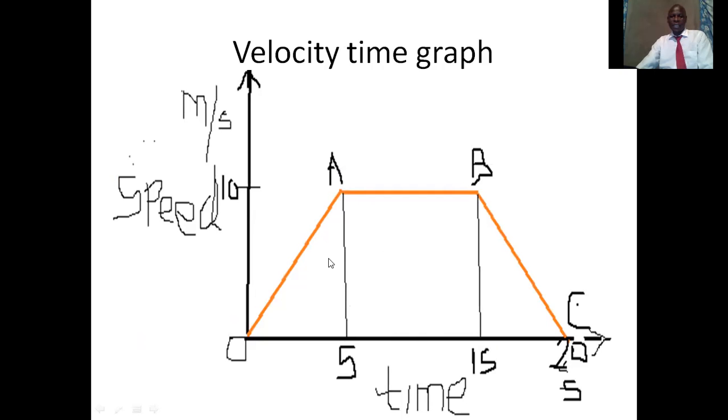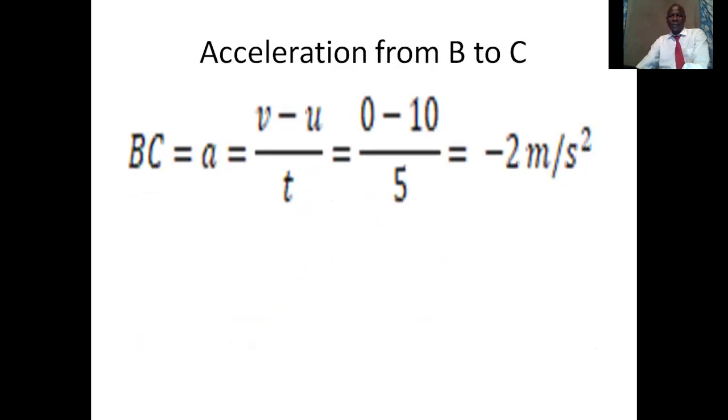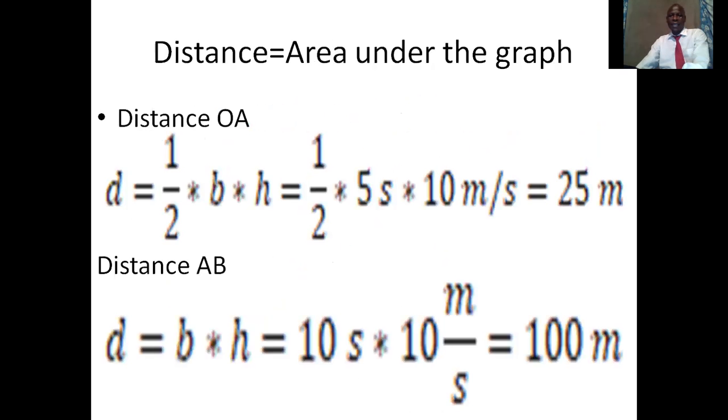So I'm going to say 10 multiplied by 10 as our area, and it gives us a distance. The distance AB is equal to base times height, which is 10 seconds multiplied by 10 meters per second. This second and this second are going to cancel. Then we have 10 multiplied by 10, which gives us 100 meters.